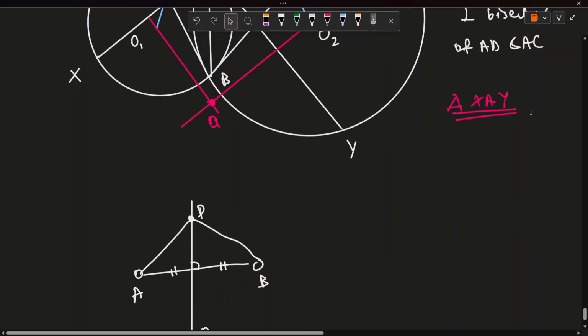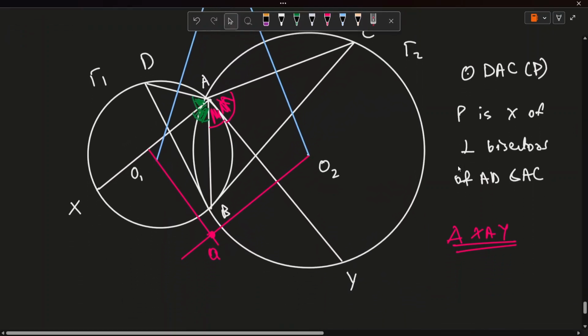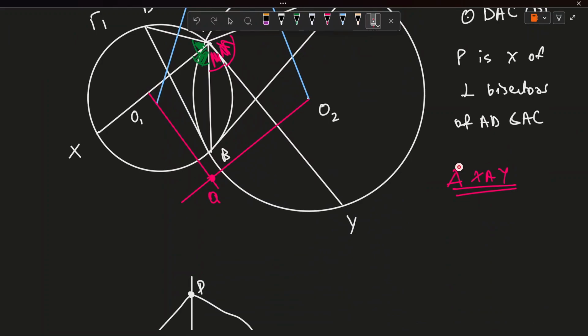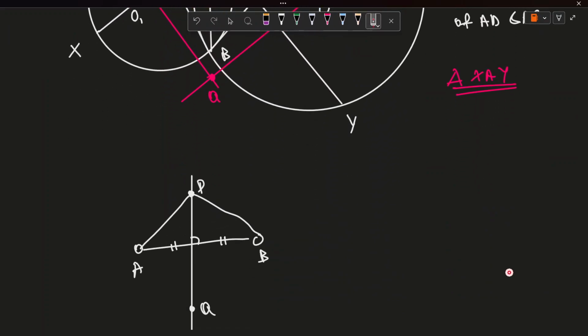So in a way, you can conclude, if we prove that PO1 equals PO2 and QO1 equals QO2, then we already can say that PQ is the perpendicular bisector. Okay, this can also be easily proven: suppose this is equal to this, and so this is equal to this, then the line joining them is the perpendicular bisector.